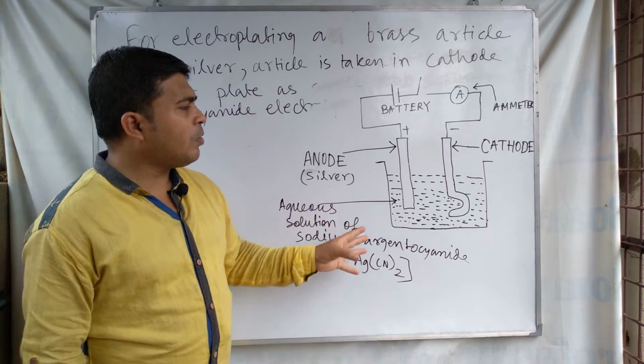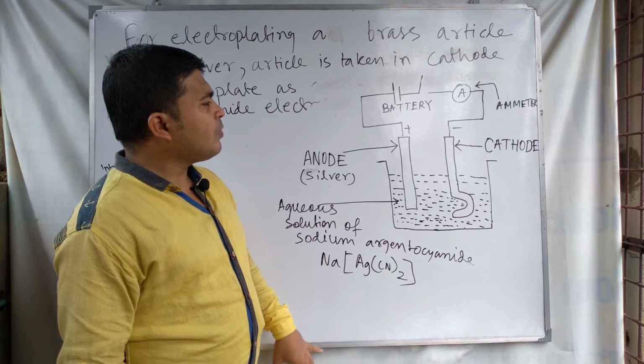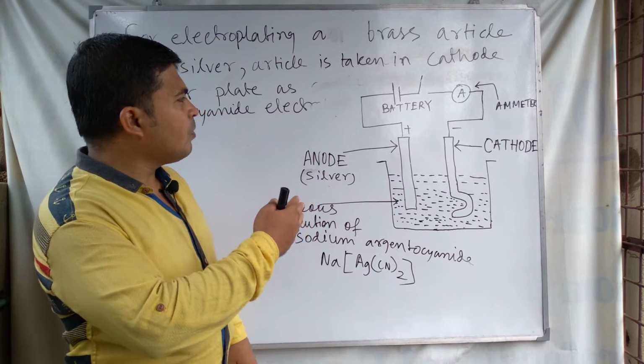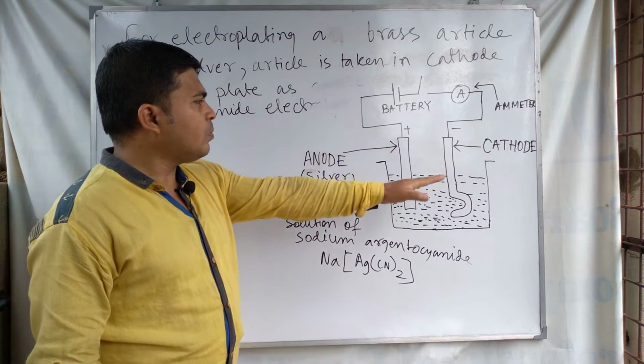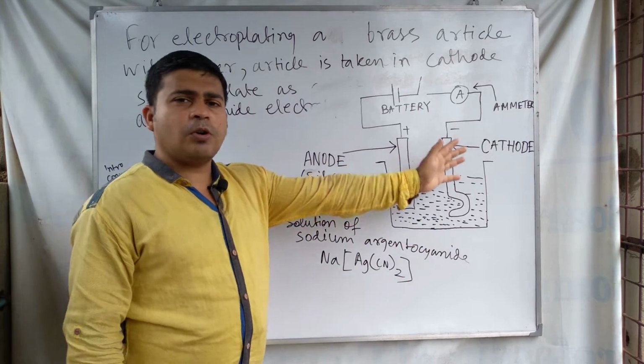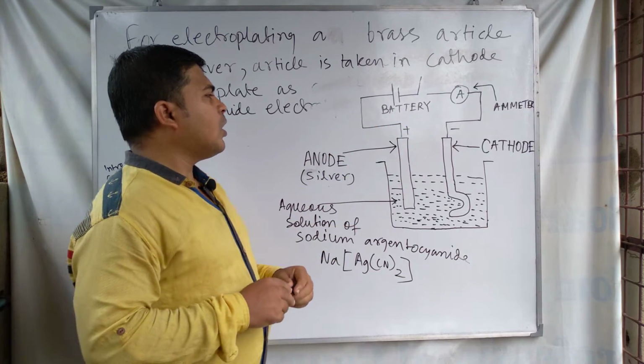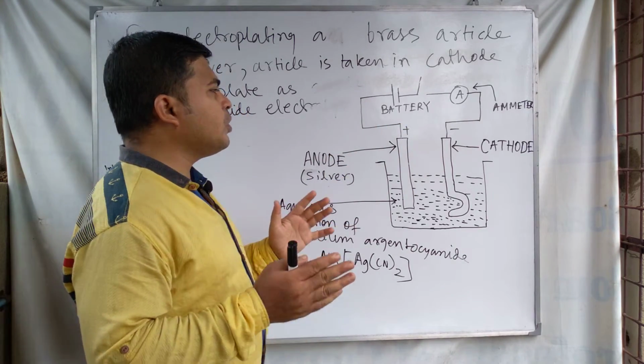After that, this type of construction is formed: battery, ammeter, cathode, anode. This total construction is arranged.